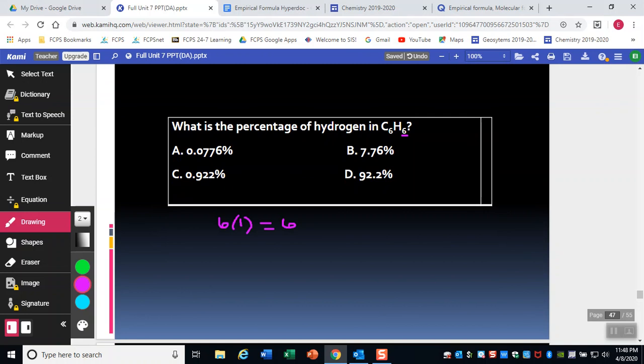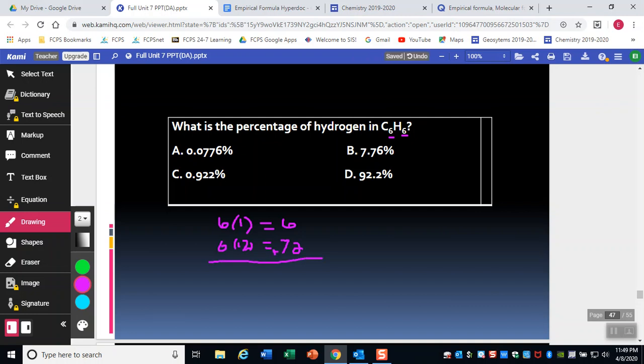And then I want to look at carbon. So I also have 6 carbons, and each carbon is 12 grams. So that would be 72.